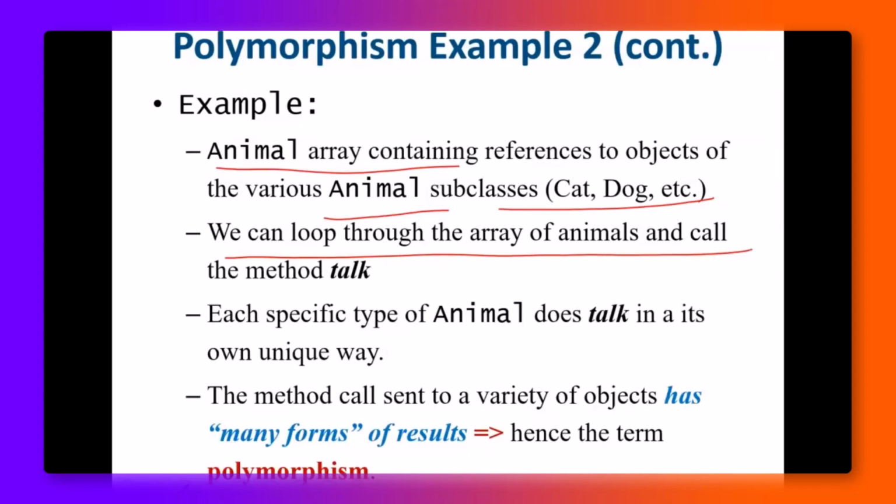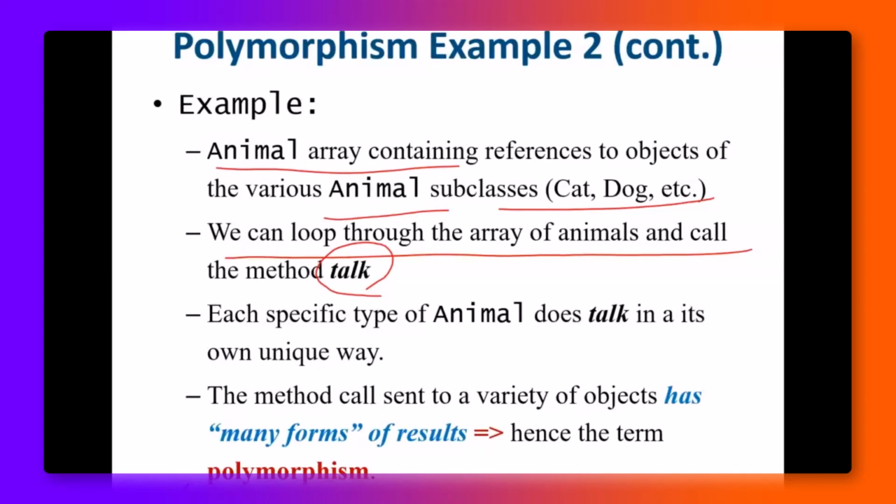We can loop through the animals and call the method talk. Now if you call the method talk the same way we did with getArea, it will call the method that has been implemented in the subclasses. If there is no implementation, it will call the one implemented in what? In the superclass. So this is what we mean by polymorphism.